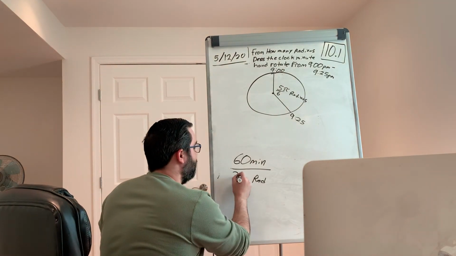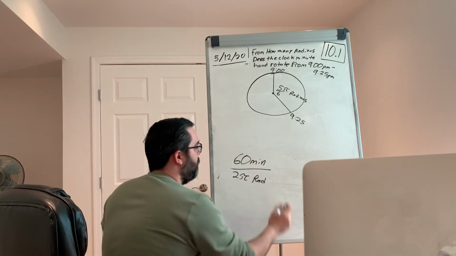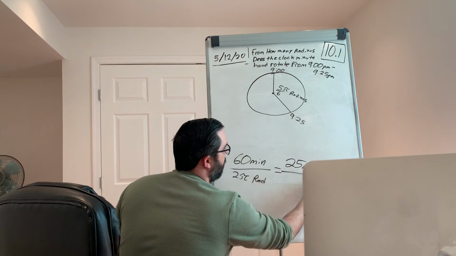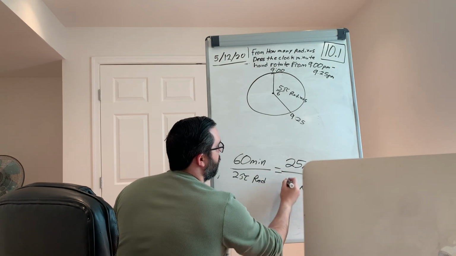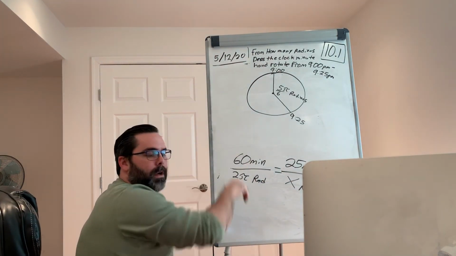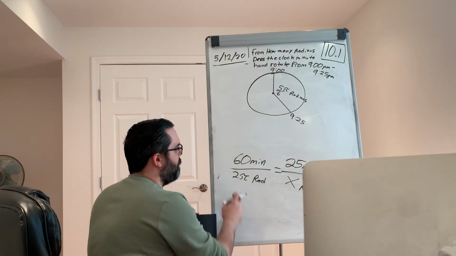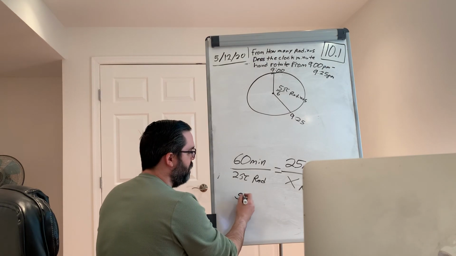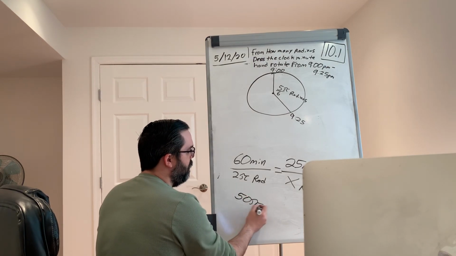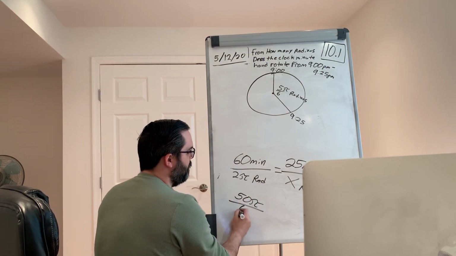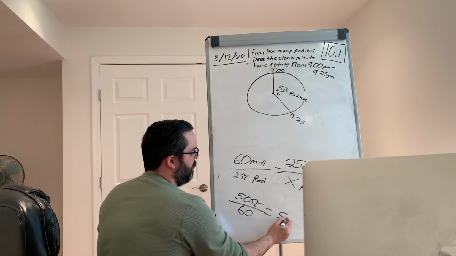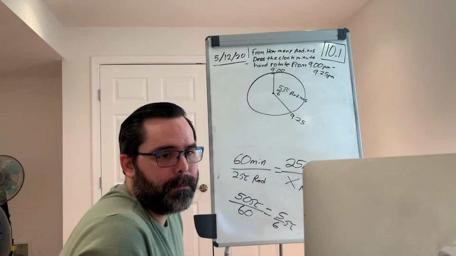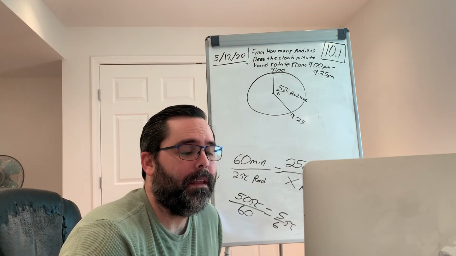Two pi. Well, how much is 25 minutes? How many radians is that? Cross multiply and divide. 2 pi times 25 would be 50 pi, and then divide by 60, which is the same thing as 5/6 pi. That's shorter. Okay? That's it.